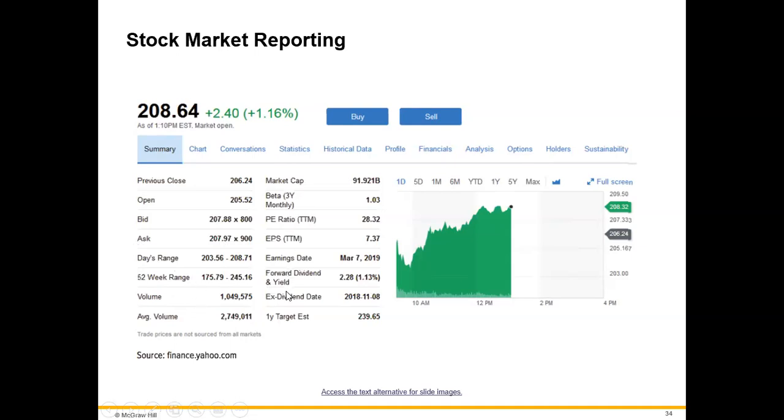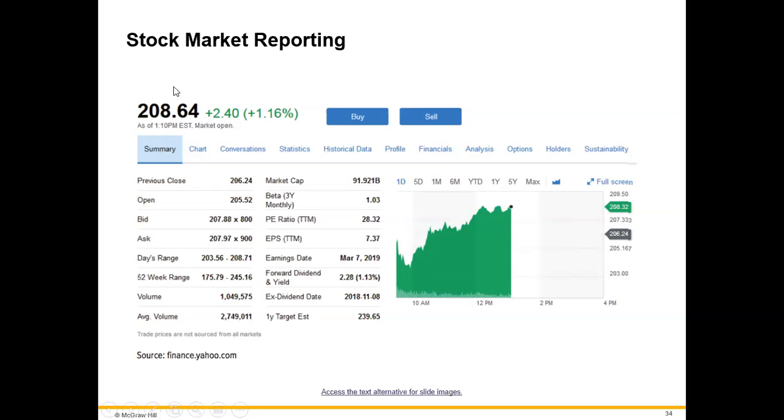Okay, and then there's some other items in here. There's earnings per share, price earnings ratio. We'll be talking about beta and market cap in coming chapters. Forward dividend and yield. See, all these things that we need in finance to help us do our calculations.